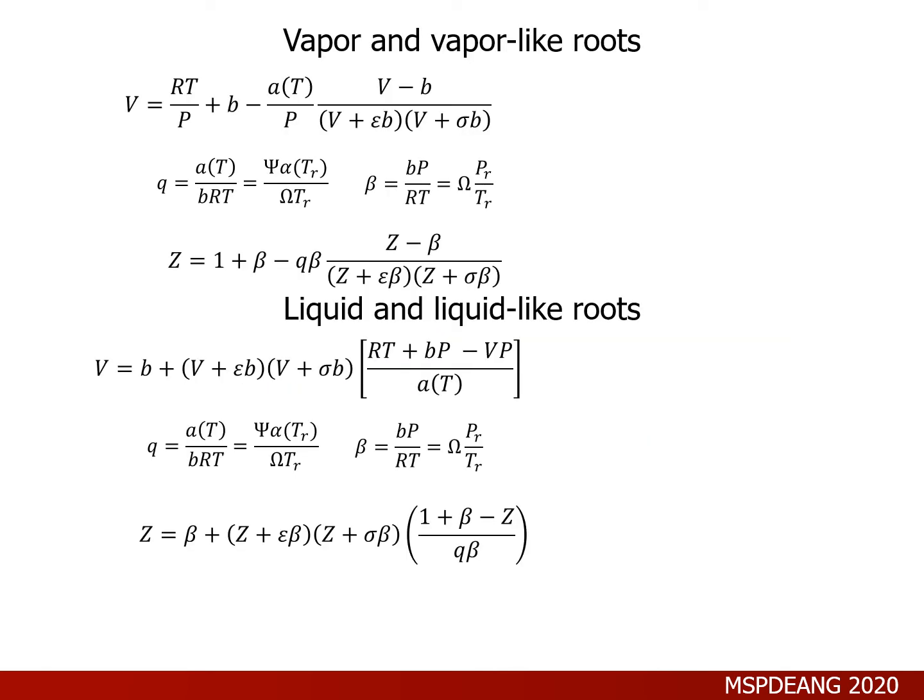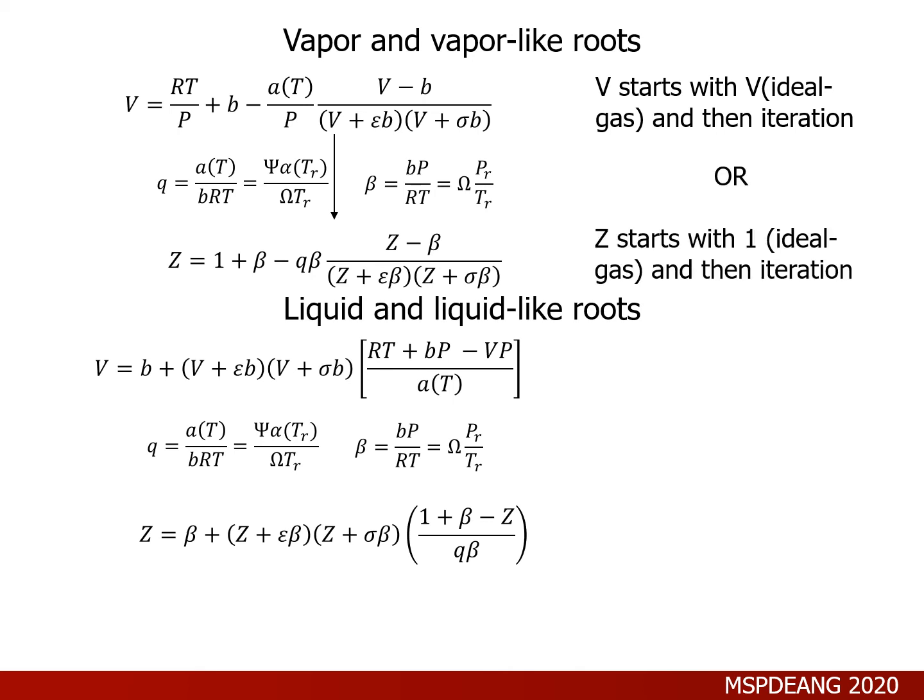To summarize, you actually have two methods for both types of roots. You have the method with dimensions in terms of the volume, but you also have the dimensionless form of these equations. Again, for the vapor and vapor-like root, you start with V as V ideal and then iterate. Or if you want the dimensionless form, which will be more useful later on, make the necessary transformations based on these values.